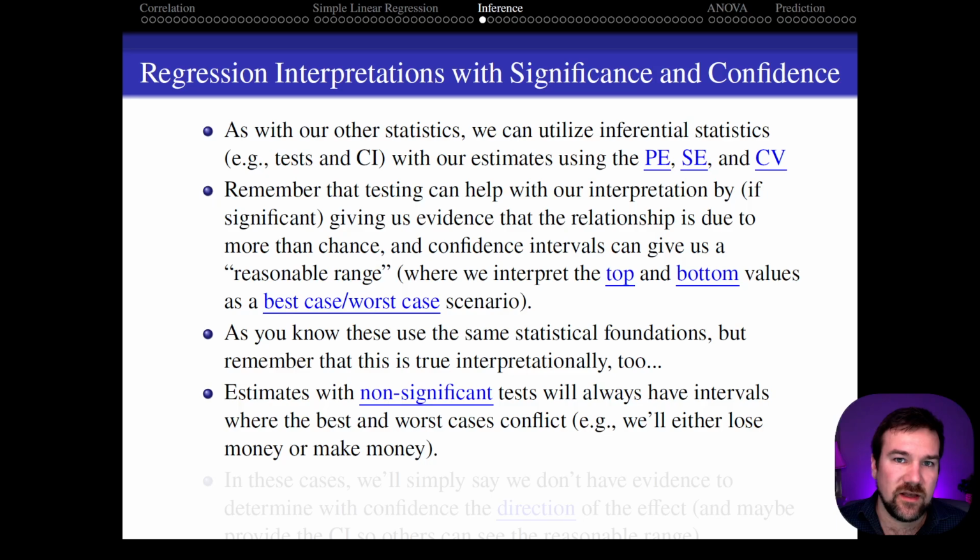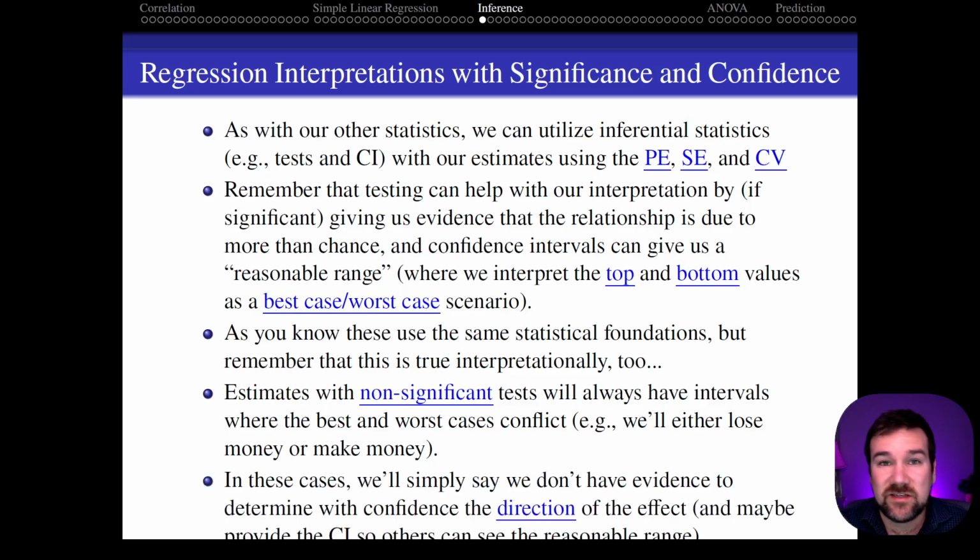So for instance, we have not enough evidence to determine a significant relationship between marketing and profit. Well, in that case, the interval will essentially say that as we increase the marketing budget, the profit could decrease or increase. And that is the joint interpretation, that to say, when my hypothesis test comes back non-significant, always the confidence interval is going to come back with a mixed interpretation, or the corresponding confidence interval to the two-tailed hypothesis test done with the same level of confidence. It's always going to come back with that style of mixed interpretation.